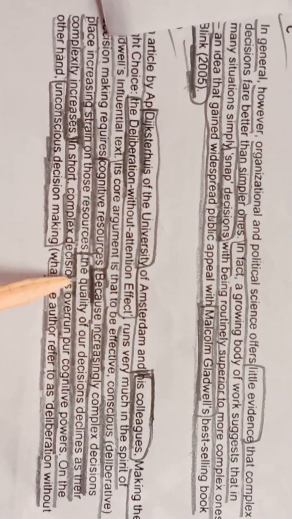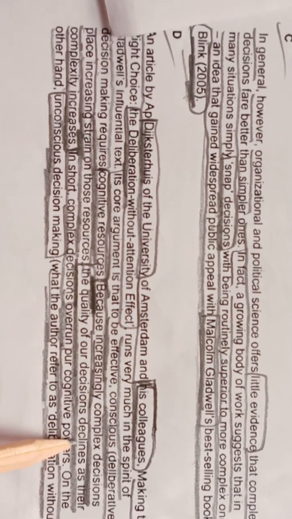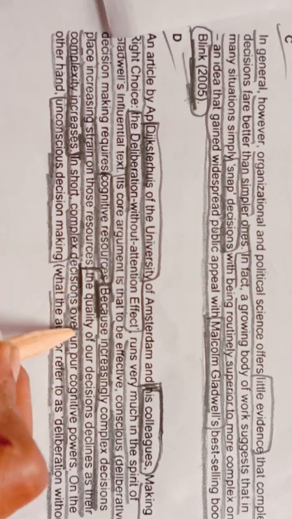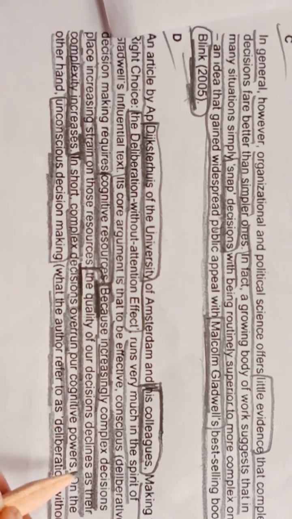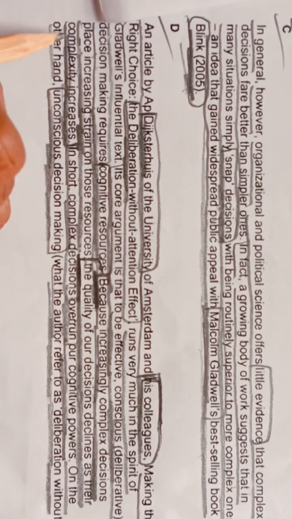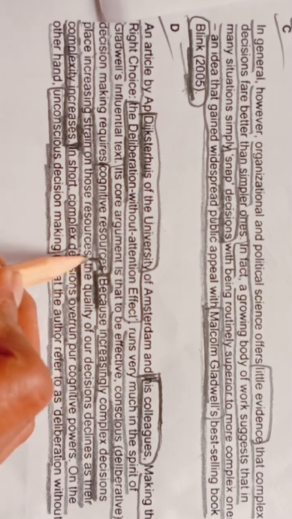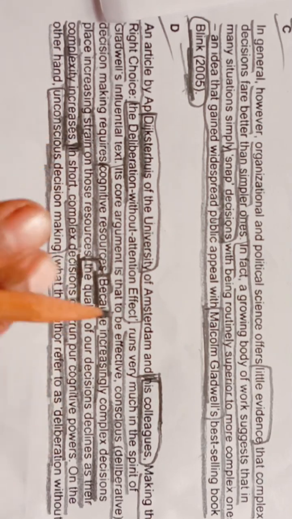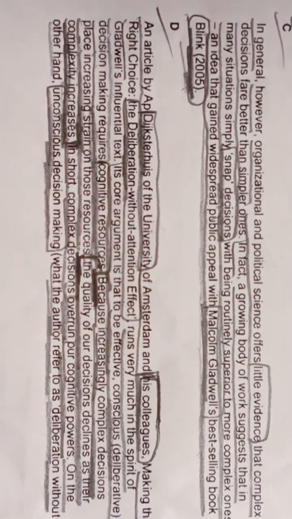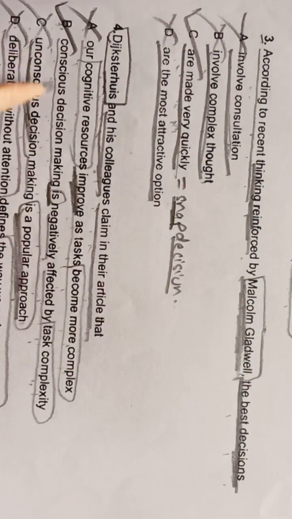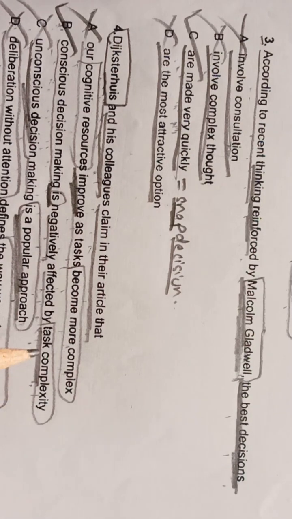Yes, this thing we have seen. Here they are saying the quality of our decision declines as the complexity increases. So this is our answer. From here to here we are getting our answer. I hope you understood this. Conscious decision making is negatively affected by task complexity.